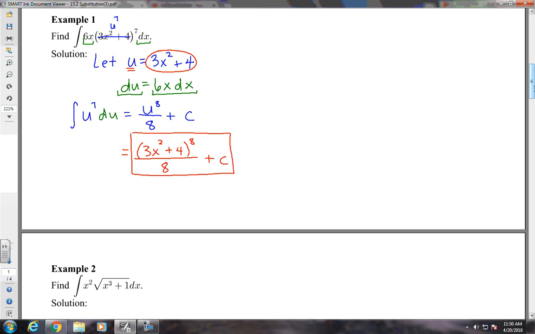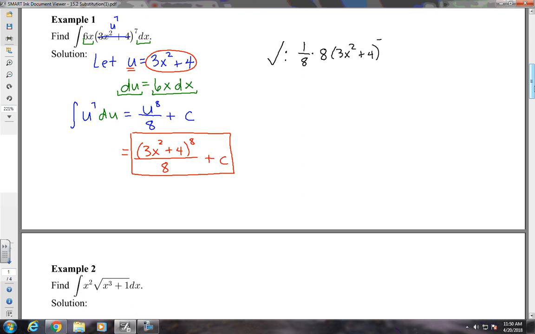Now, we better check this one because, again, that was sort of a complicated process. So let's check by differentiation. I want to differentiate my result with respect to x. I noticed there the whole thing is divided by 8. That's the same thing as having a coefficient of 1 over 8. So we're going to get the 1 over 8 coefficient to the left, out of the way, and then we'll apply the power rule. But keep in mind, the chain rule will also be involved here.